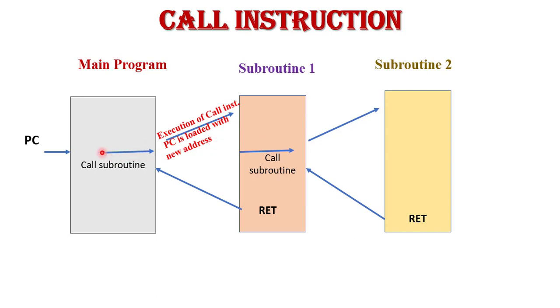So to find the smallest number, the main program calls a subroutine and the program counter is loaded with the new address of the subroutine.